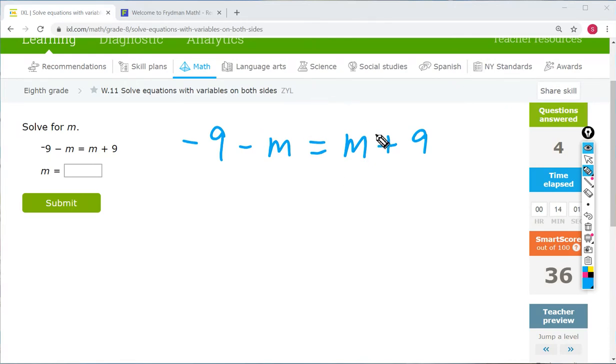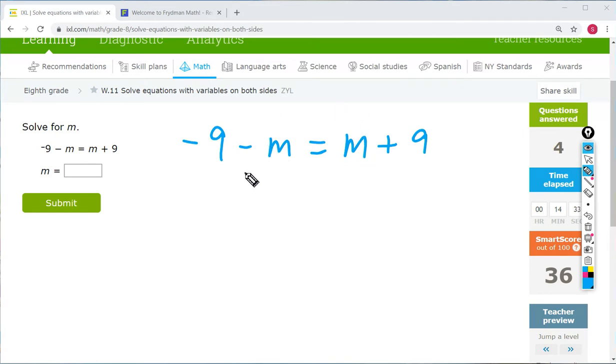Actually, I could have done that in all of the other problems also. But in the other problems, well, never mind. The other problems were easier because there was only an extra number on one of the sides of the equation, never mind. I'm confusing people now, so forget it. Anyway, so I'm going to choose to put the m's on this side.